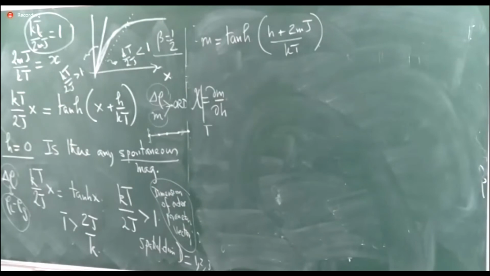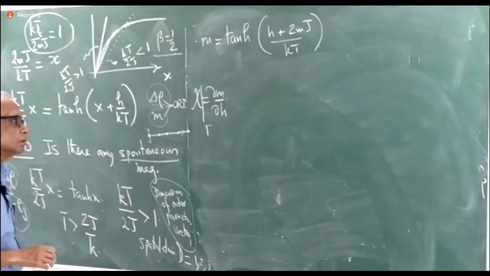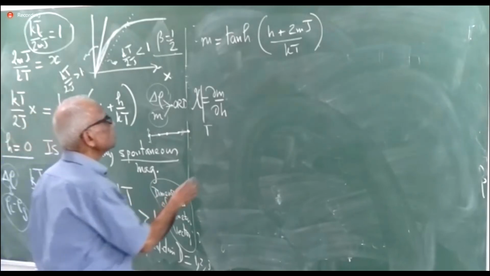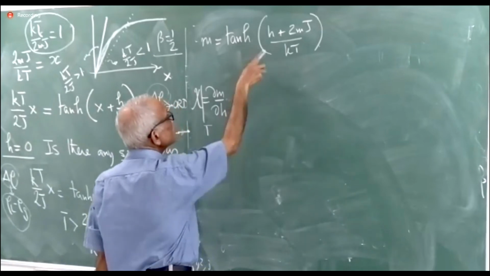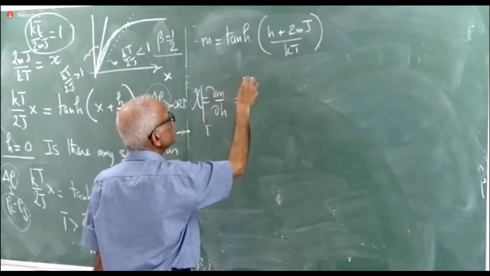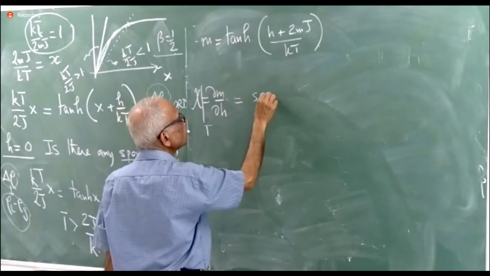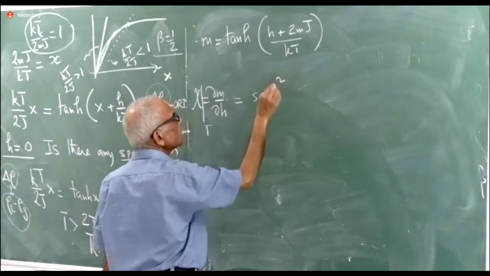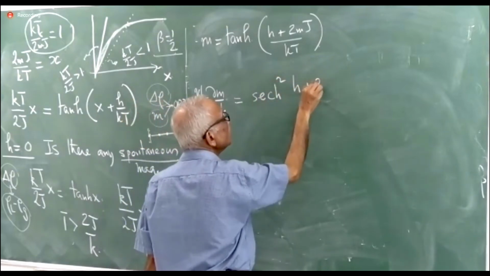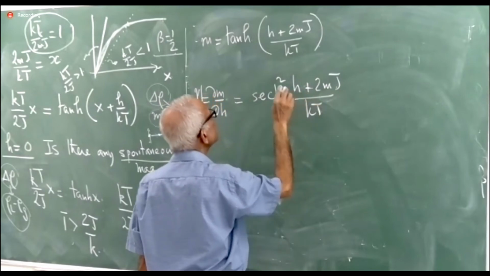So it is del m del h, and this is a derivative of this with respect to h. So tan hyperbolic gives sech hyperbolic squared of h plus 2mJ divided by kT.